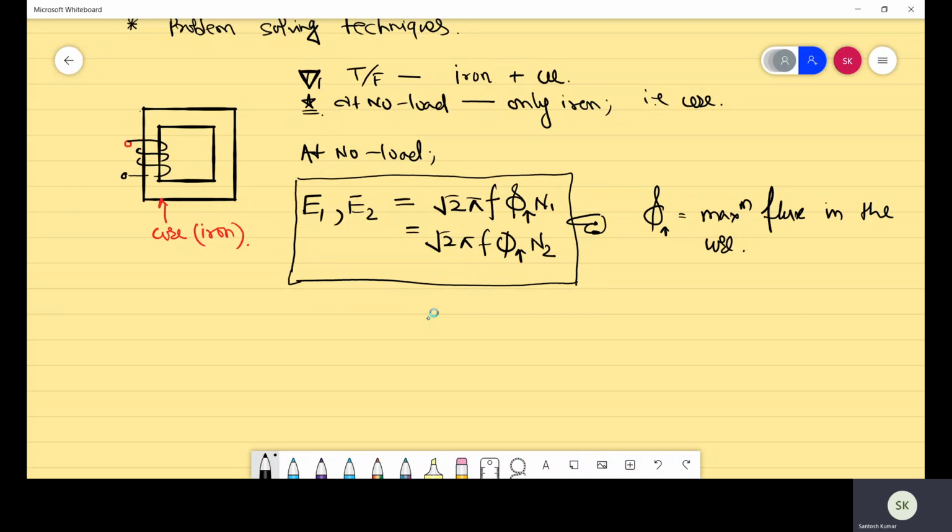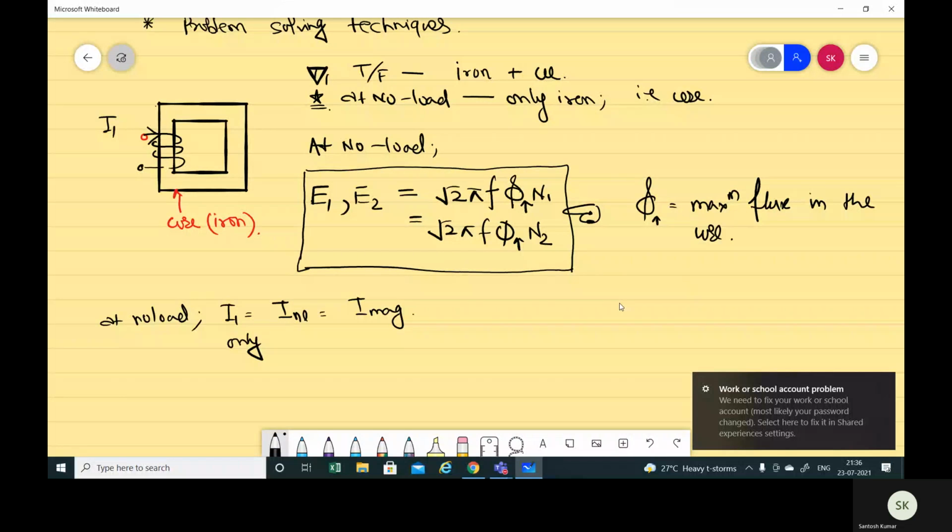Second important thing at no load is the primary current that is flowing through the transformer. Now at no load, I1 is equal to I0.